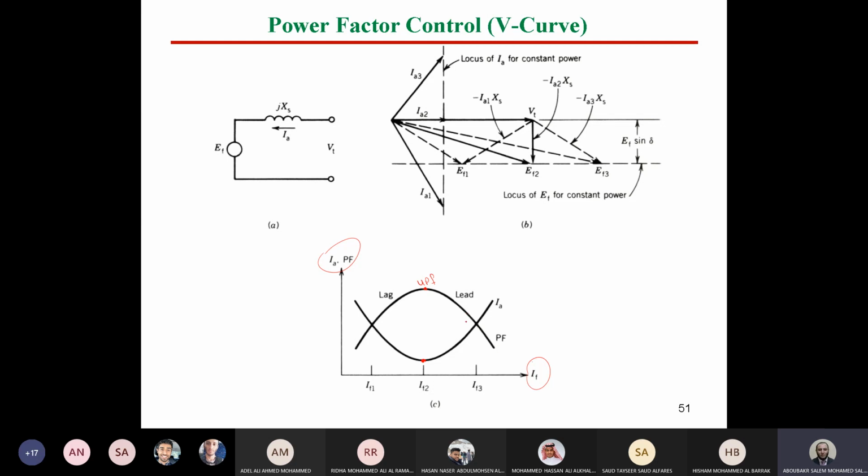As you can see here, the power factor curve can be considered as a mirror of the current curve, where power factor is small and lagging at small values of excitation, and when we increase the excitation, power factor will increase to unity, and if we continue increasing, the power factor will decrease again. Okay guys? So this is called V curve and power factor curve according to the different excitation.